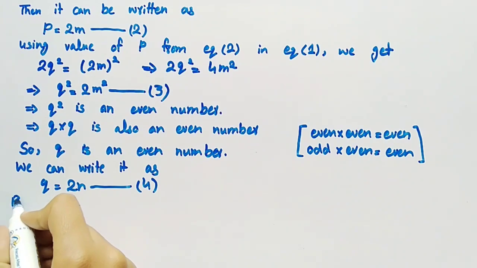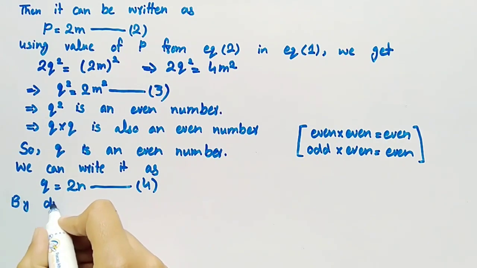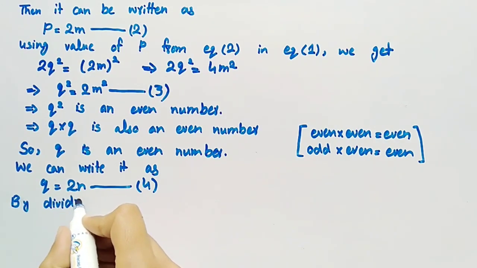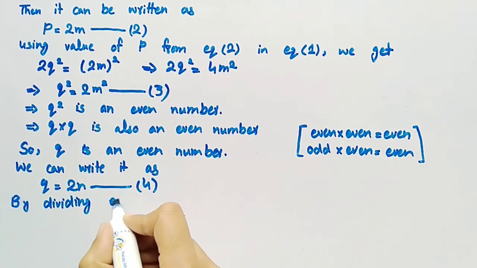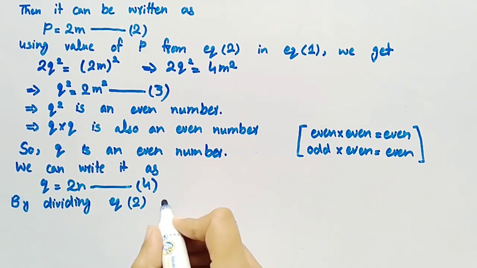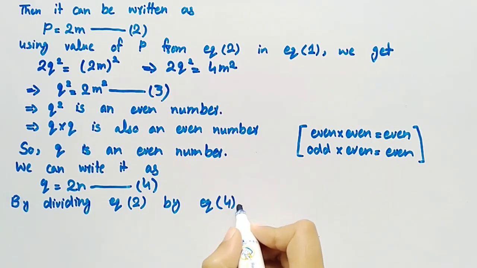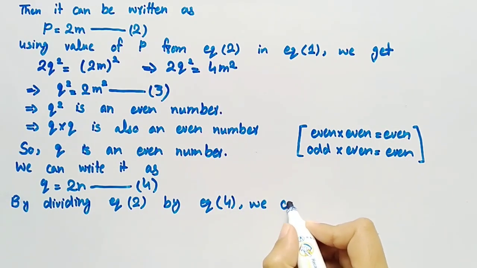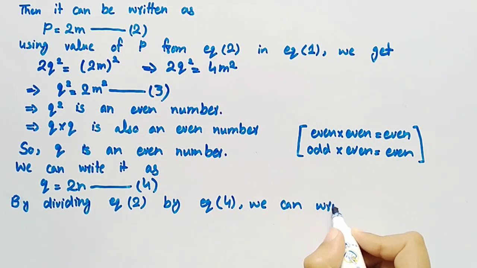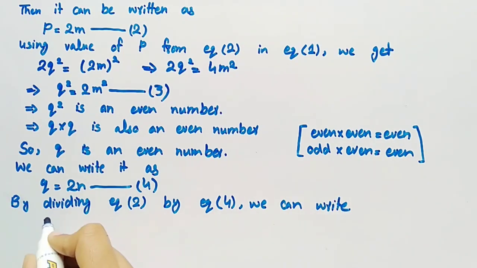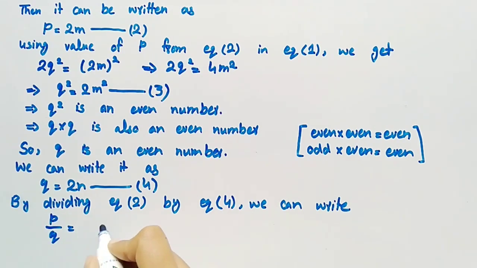Now by dividing equation 2 by equation 4, we can write P divided by Q is equal to 2m divided by 2n.